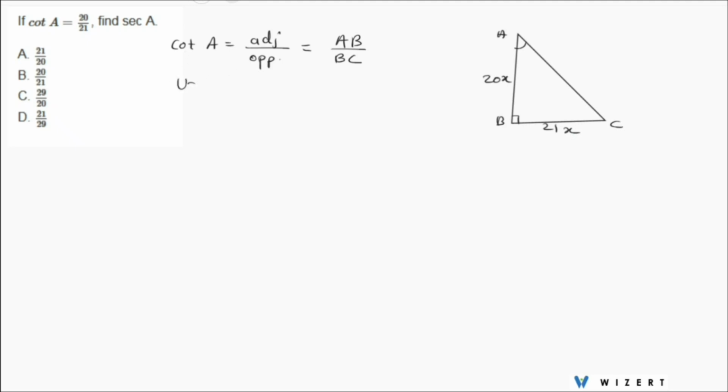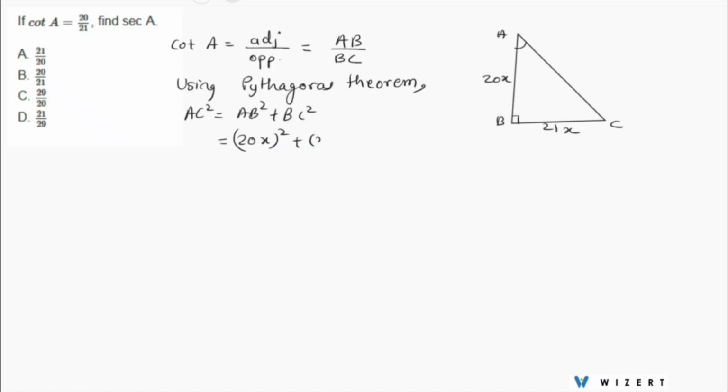So using Pythagoras theorem, AC square equal to AB square plus BC square, which is equal to 20x whole square plus 21x whole square.